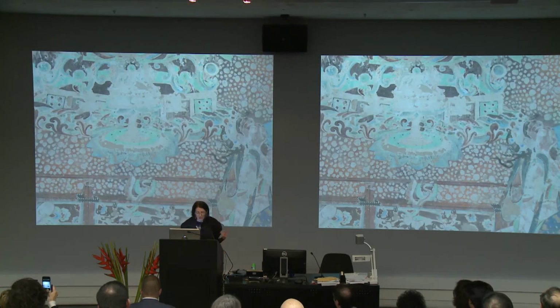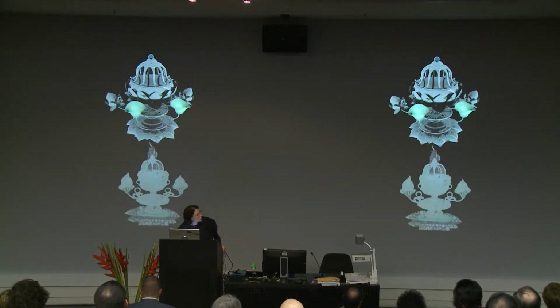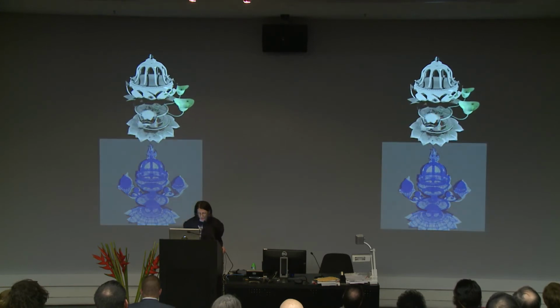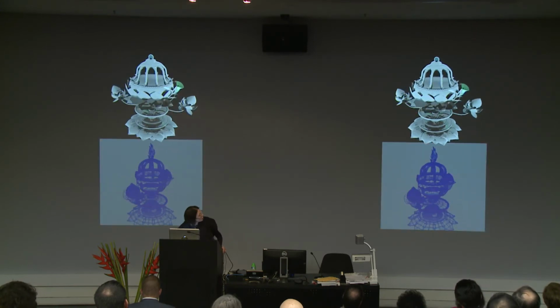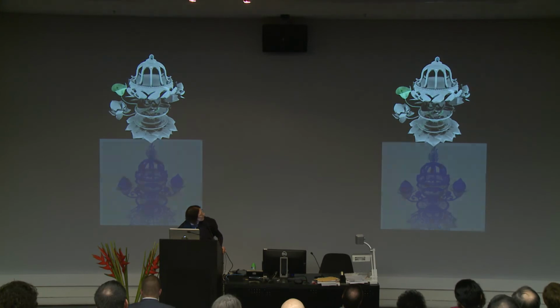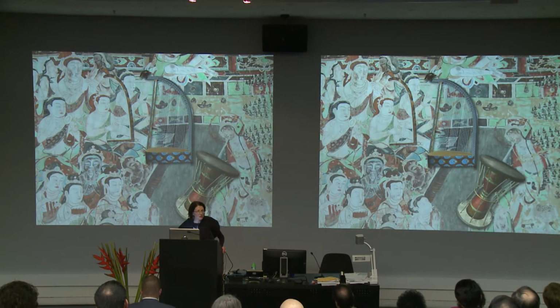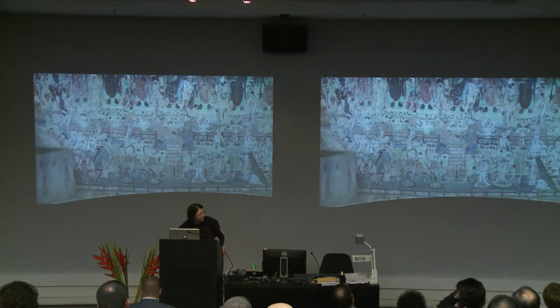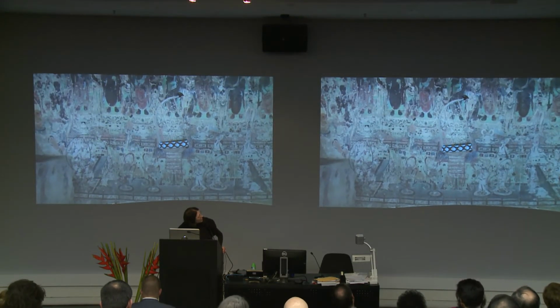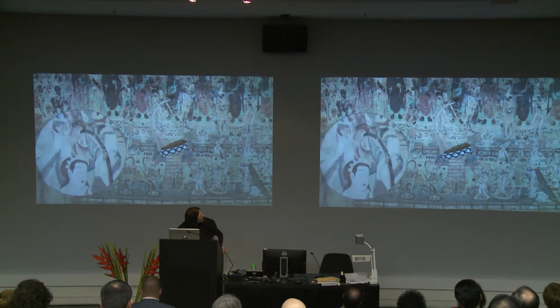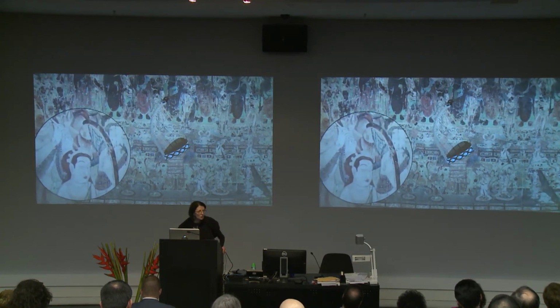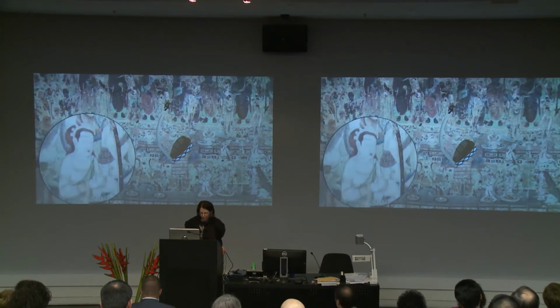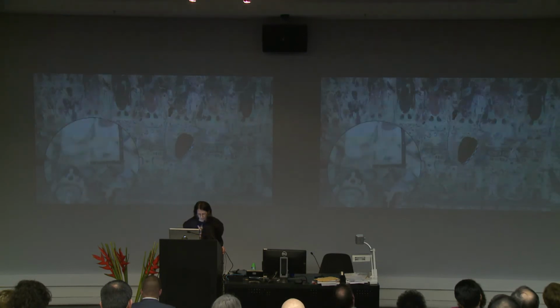Another strategy, a different type of strategy, is 3D modeling, a very useful didactic tool. That was an incense burner. These were all modeled and inserted back into the scene. And similarly, the instruments were done that way as 3D models. There are 24 musicians in that painting, with instruments coming from not only China, but right through Central Asia.